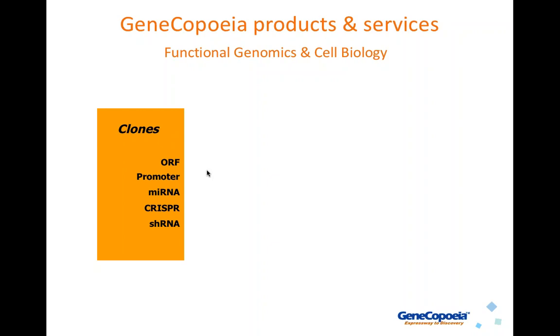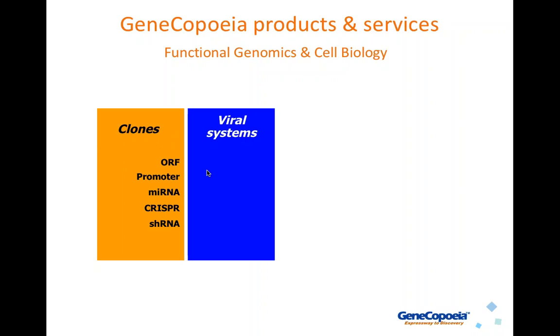And I will say again that these clones are primarily ready-to-use expression clones, that are oriented usually toward mammalian systems. So you receive the clones from us, and you can use them right away without any subcloning.